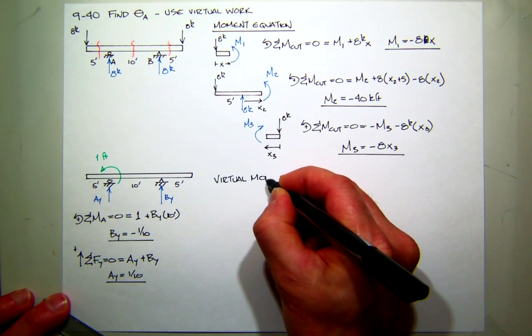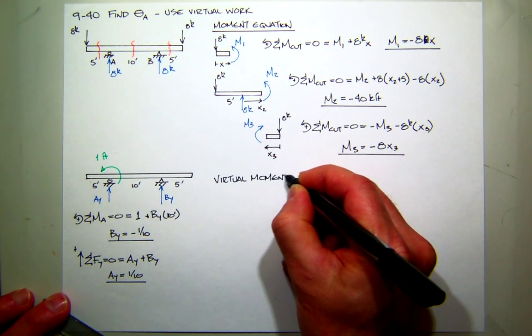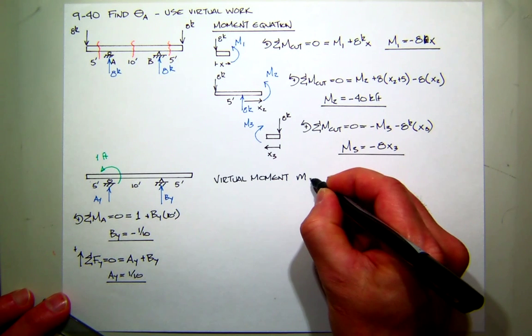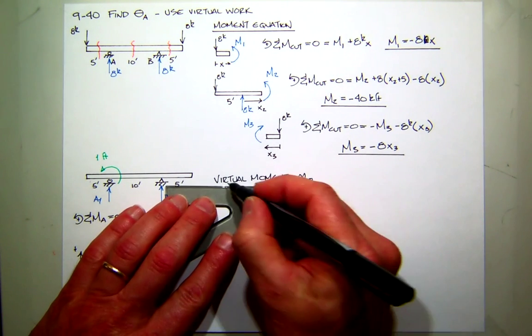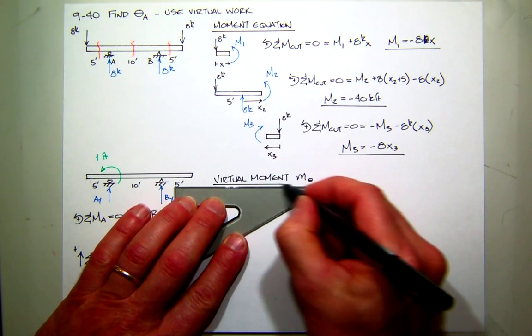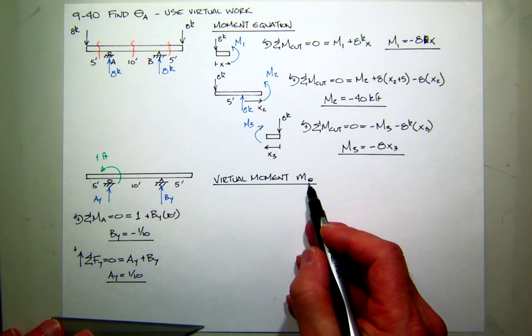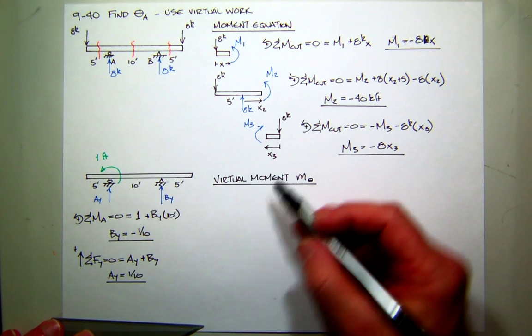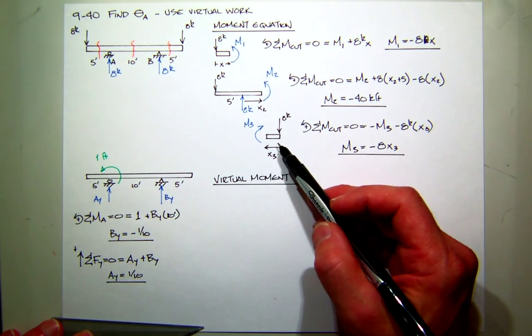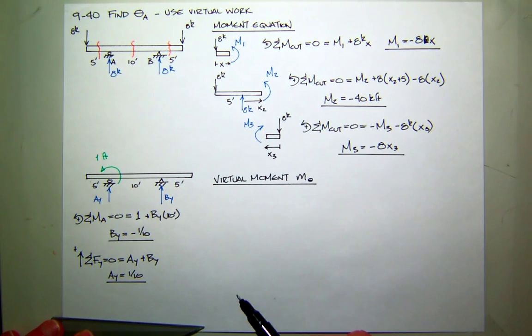moments. Now, since we're doing slope, we subscript these with theta to indicate that these are moments produced by a rotation. That doesn't look like a theta, but that's a theta. So now that I've done these 3 systems for my real moments, I have to do the same systems for my virtual moments.